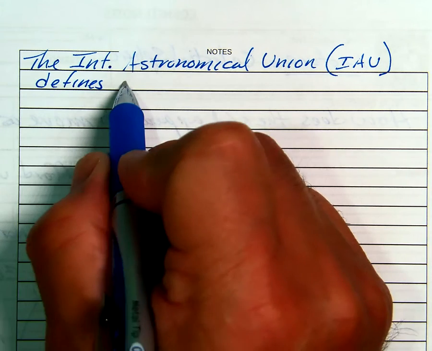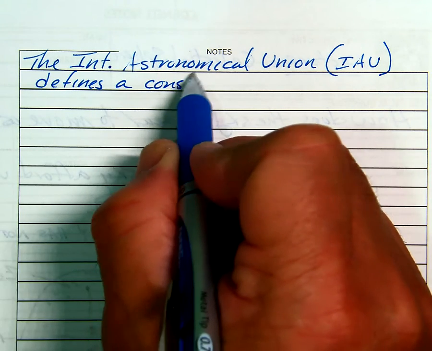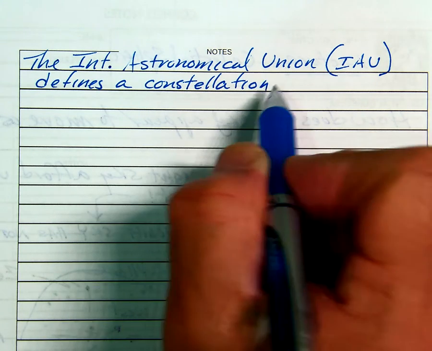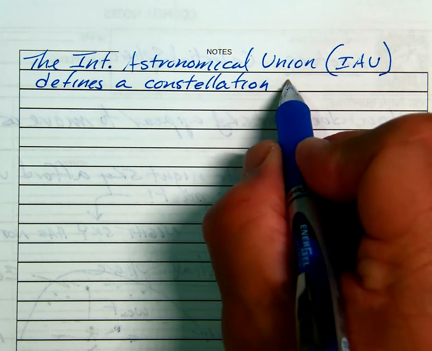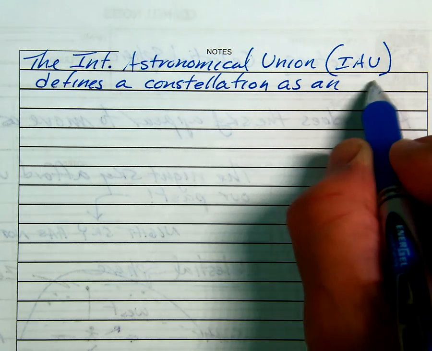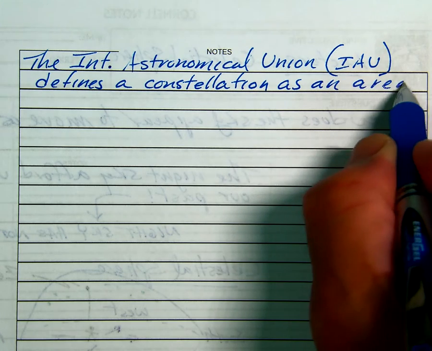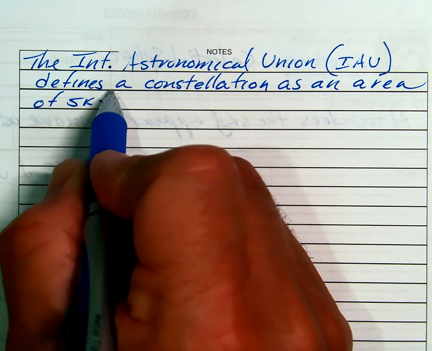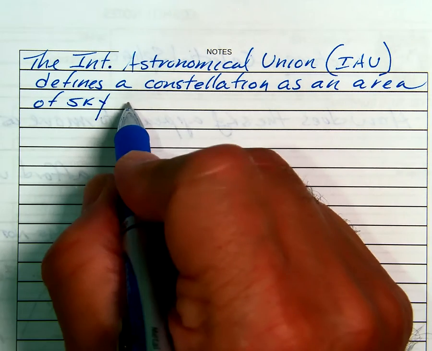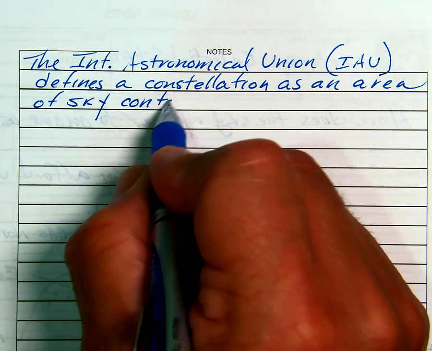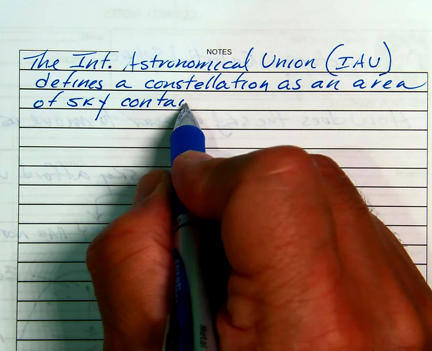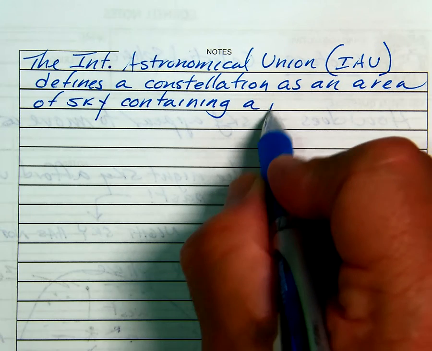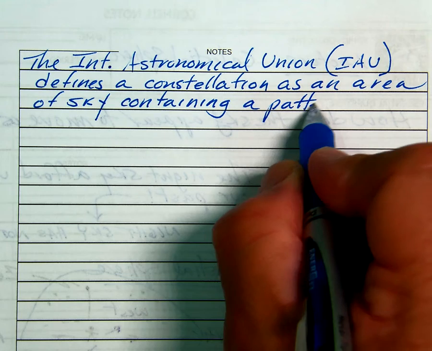A constellation as an area of sky containing a pattern of stars.